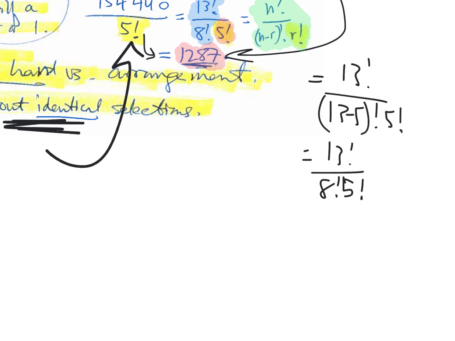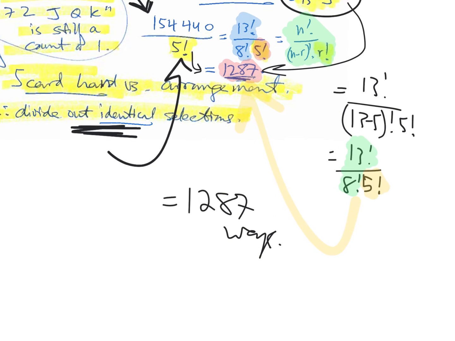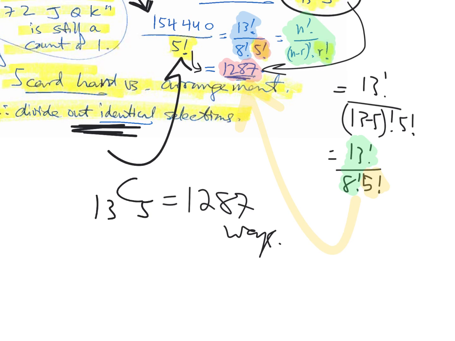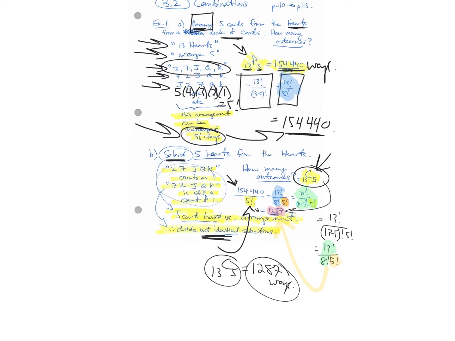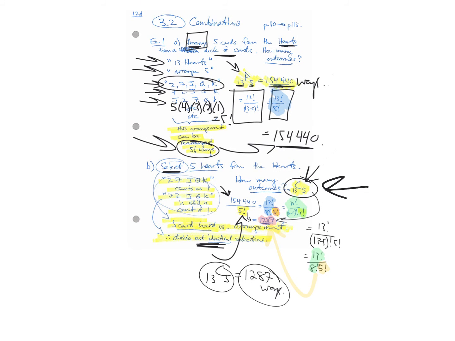So you can see the permutation portion as well as the combination portion equal the same answer of 1,287 ways to select 5 hearts from the 13 hearts available in the deck. And thus the combination formula is more efficient, because it goes straight to that calculation, and you don't need to consider dividing out identical selections.